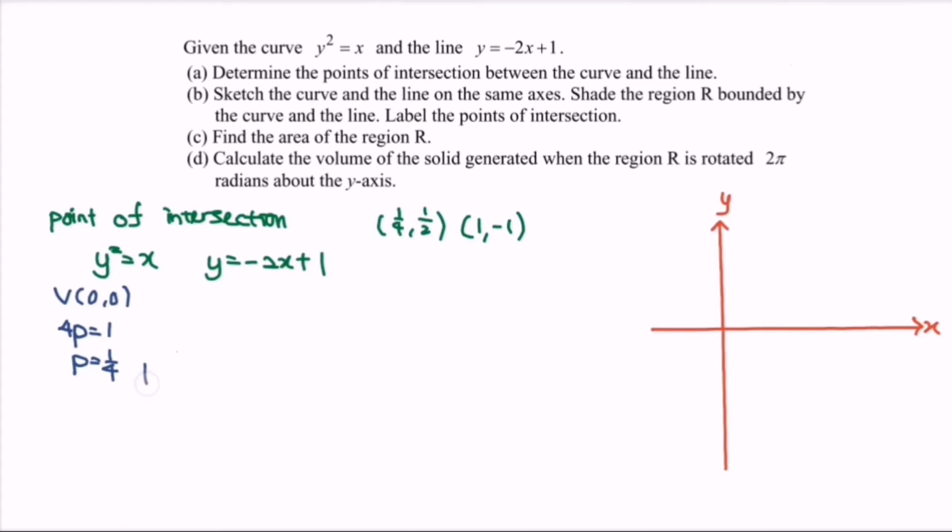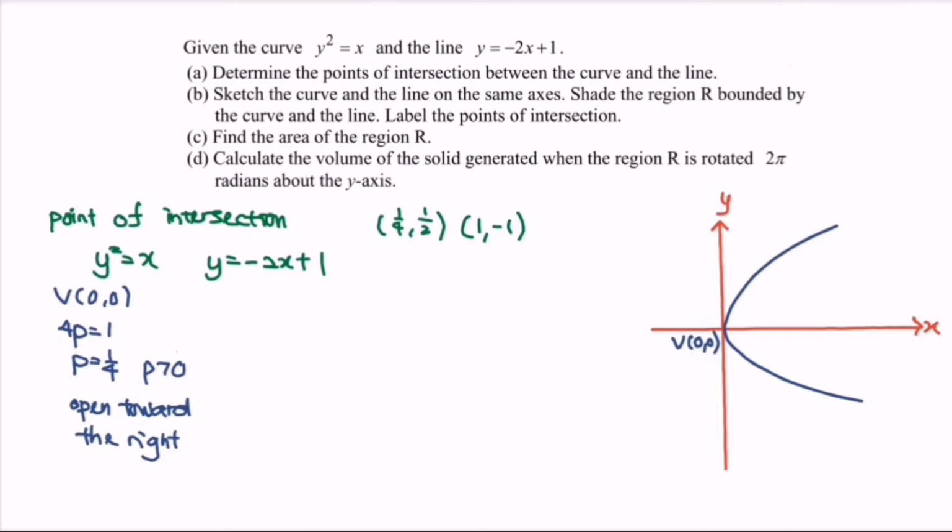Since p is greater than 0, it will open towards the right. So basically our graph will look like this, with the vertex at the origin.